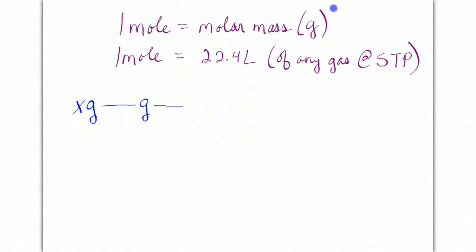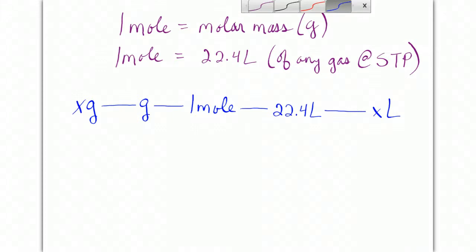From grams, we can change to 1 mole by going to the periodic table and getting the molar mass. 1 mole can be changed to liters using 22.4 liters, and liters can be changed to X liters, such as milliliters or centimeters cubed.